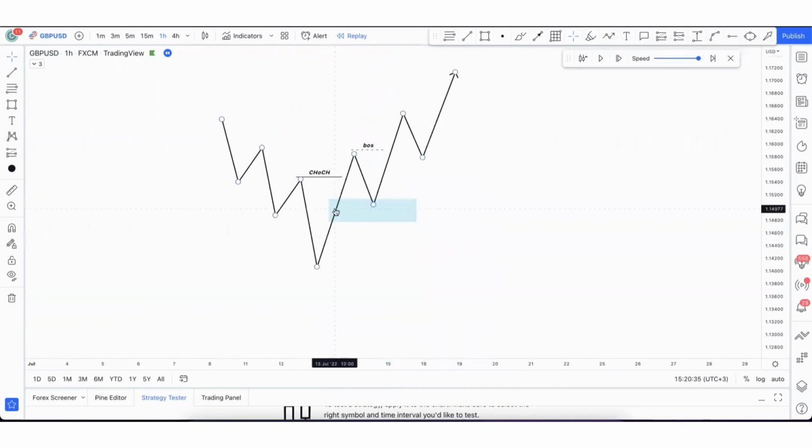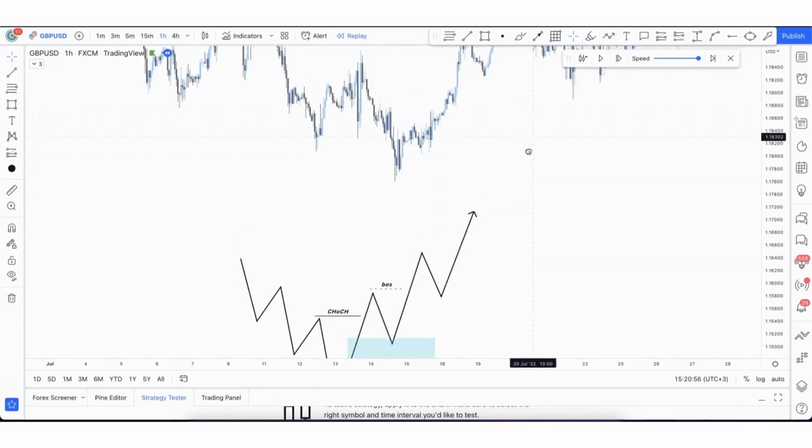Sometimes if there's a last down candle within this movement, it is a significant zone where price came back on that area and then goes up again. So let me show you a sample chart that has that reversal structure.